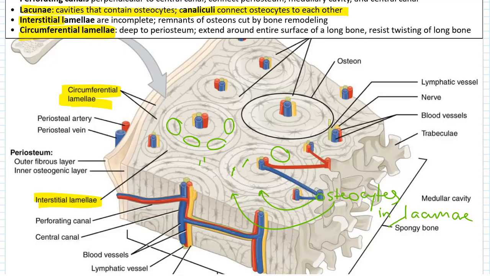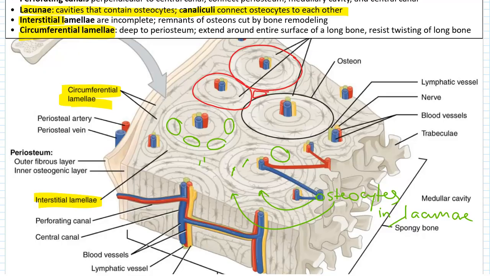Let me clarify that because I wasn't clear. This is the osteon that consists of several concentric lamellae. Understood? This is another osteon. Understood? This gap isn't empty.